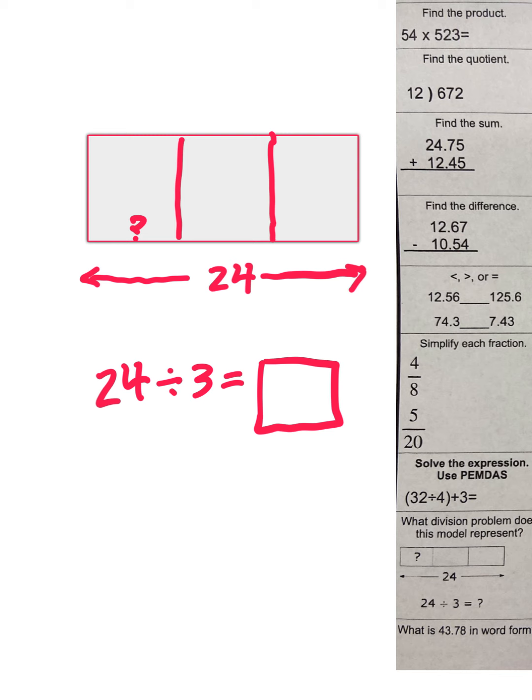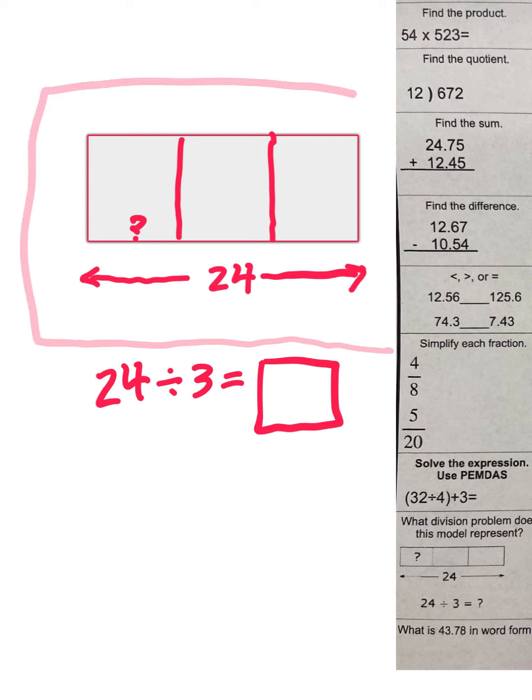So here we need to find out what division problem this model represents. Let's first take a look at some things that we definitely see here in the model. We see that the total rectangle is equal to 24. So that would give me my dividend.